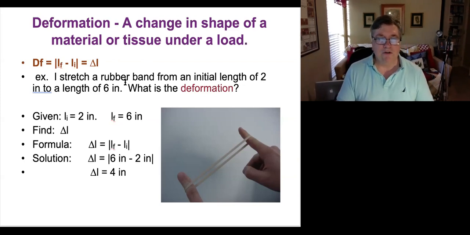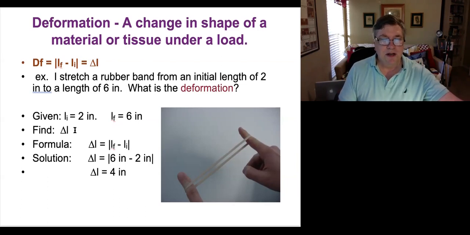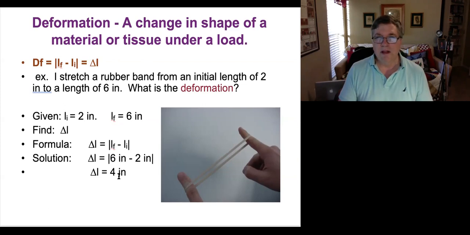So if I stretch a rubber band, for example, from 2 inches to 6 inches, the change in shape, or delta L, is simply the difference between the final length and the initial length. So pretty straightforward. If we stretch a rubber band from 2 inches to 6 inches, and we take the difference between the two, then delta L of the deformation is equal to 4.